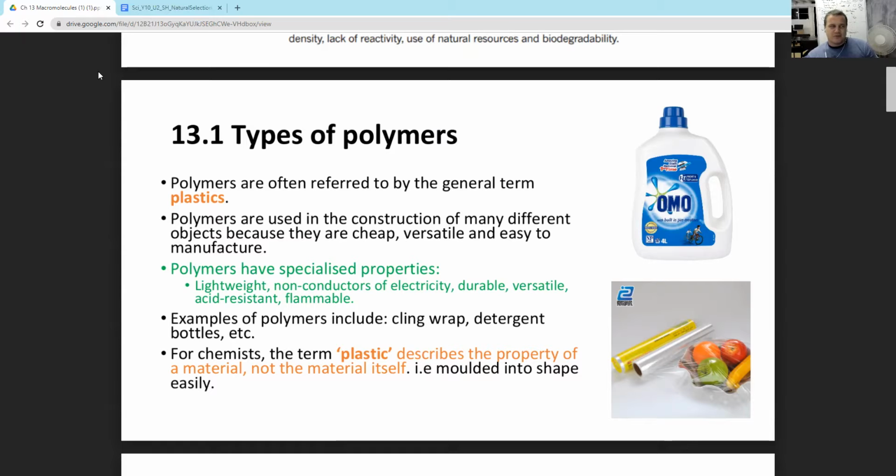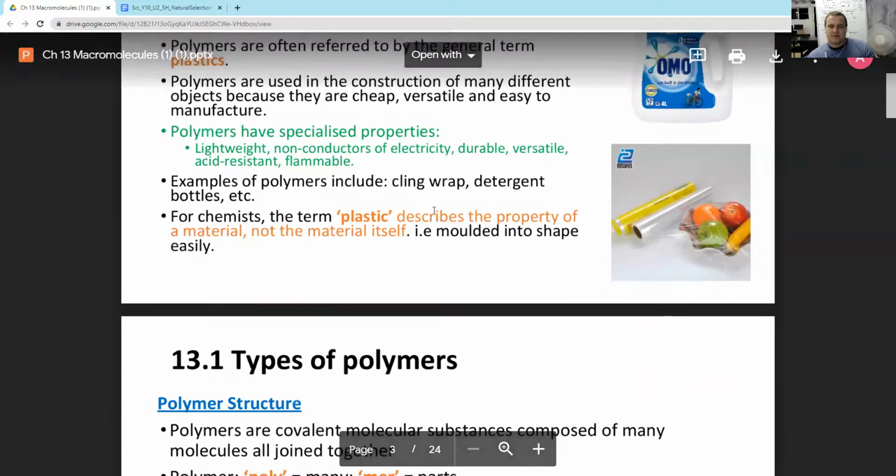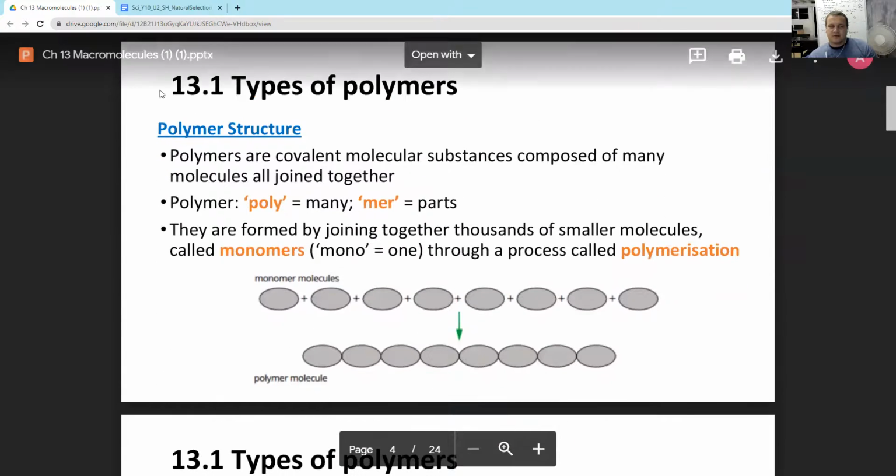So at the moment, plastic polymers are very cheap to produce, but they will become less and less cheap as time goes on. So we remember polymers are made up of many monomers.